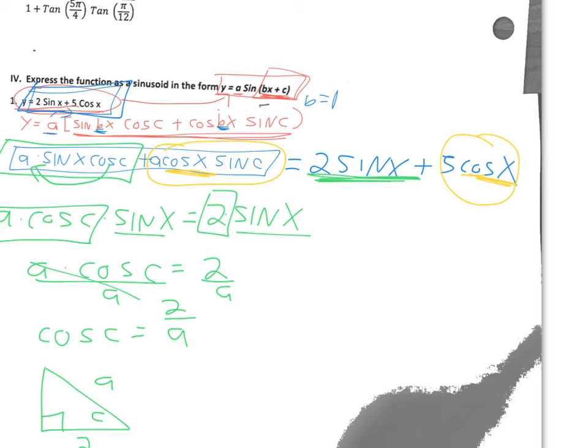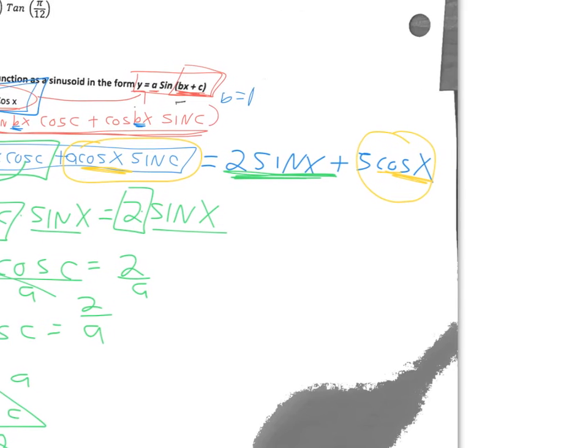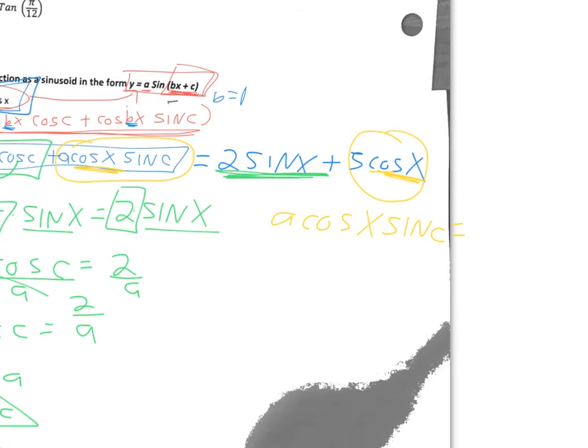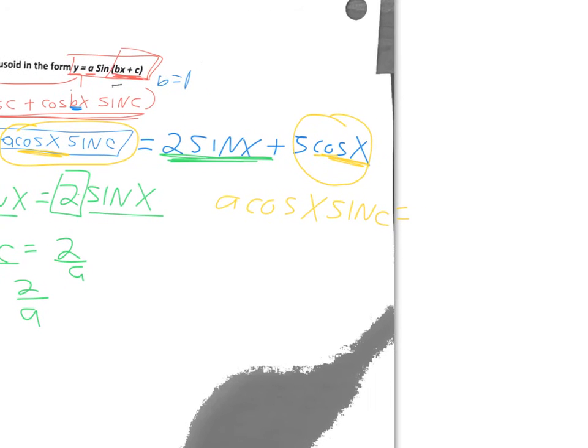I'm going to move this to the right. So everything that's in yellow, I'm going to set equal to each other. So I'm going to have A times cosine of x times sine of c equals, let's move this over, and I'm just going to set it equal to that 5 cosine of x.